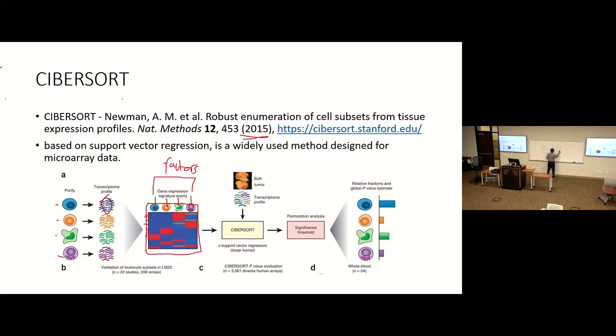So the idea is, this is the observed. This X is a bulk RNA-seq matrix, genes by samples.